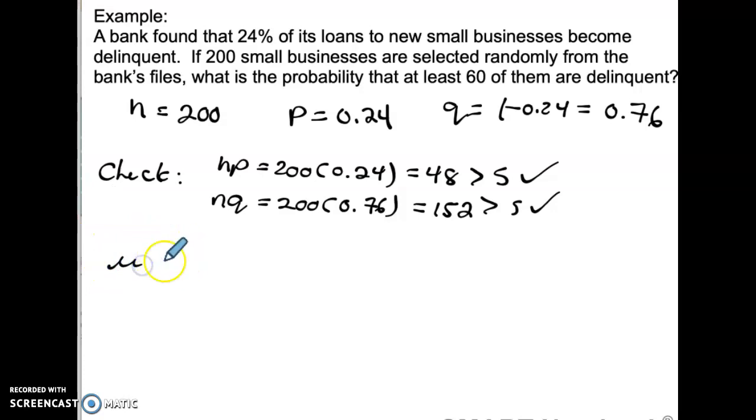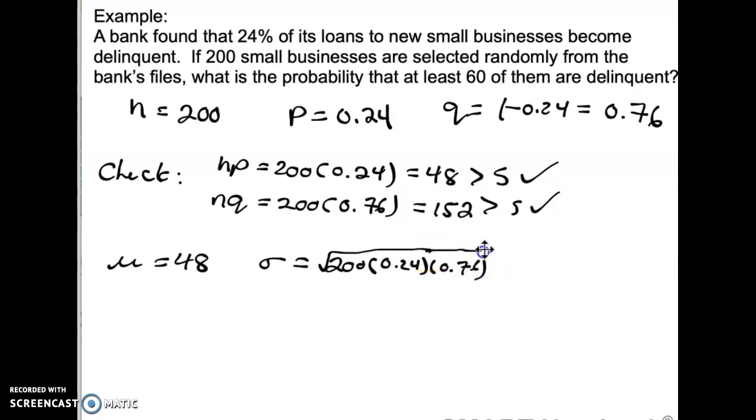Okay, so second step is to find our mu, which we've already calculated as 48 since that's just N times P. And then we calculate our standard deviation. So we do the square root of N times P times Q. Okay, and if we round that to 2 decimal places, we get 6.04.